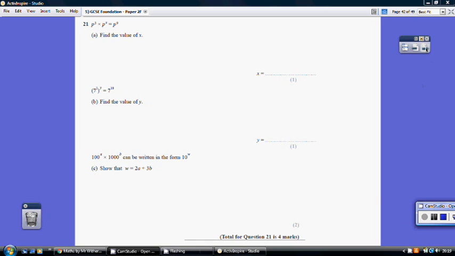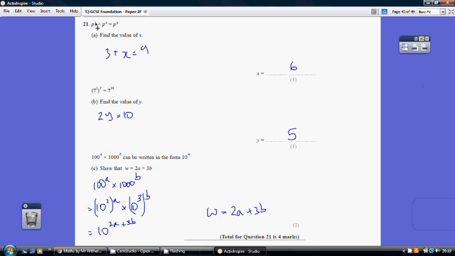Question 21. With part A, when we multiply, we add the powers. So 3 add x equals 9, so x must be 6. Now when we have a power inside a bracket and a power outside the bracket, these are multiplied together. So 2y equals 10, so y must equal 5. Now for part C, we need to appreciate that 100 is 10 squared and 1000 is 10 cubed.